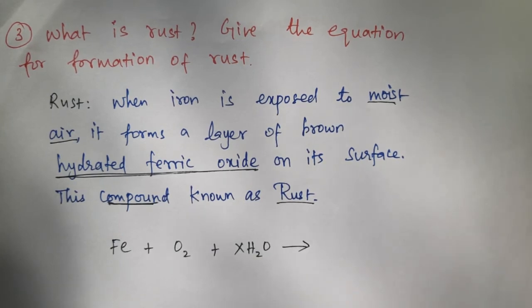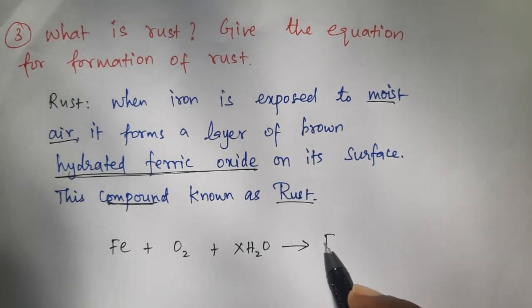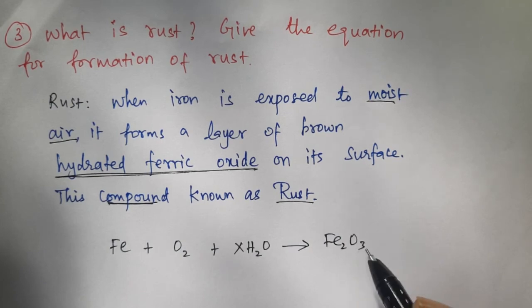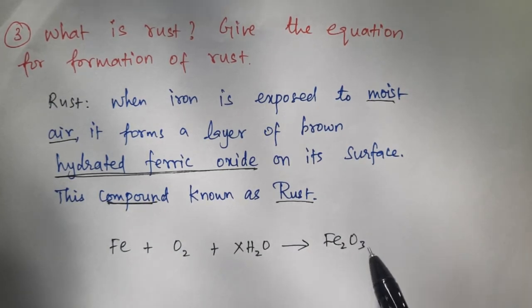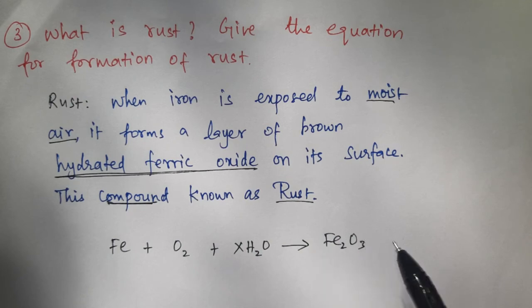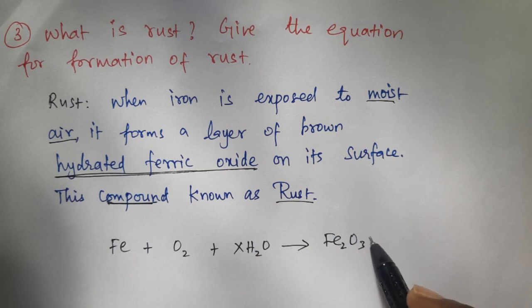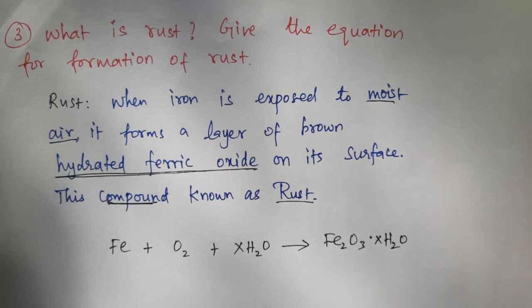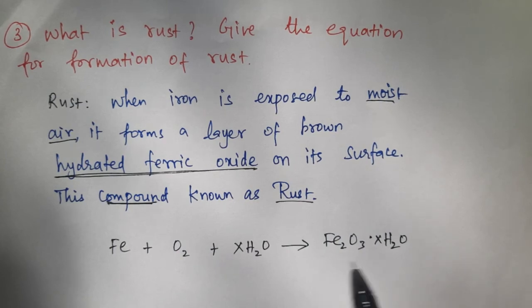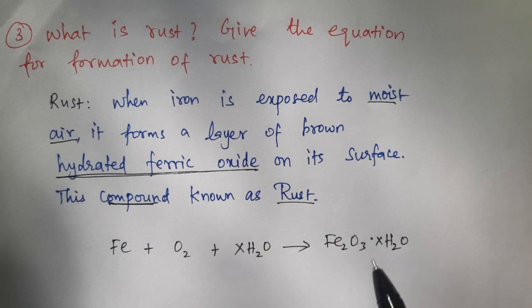It gives iron oxide, Fe2O3. Here iron oxide is ferric oxide. This ferric oxide is hydrated ferric oxide. For hydrated, here dot xH2O. This hydrated ferric oxide compound is nothing but rust.